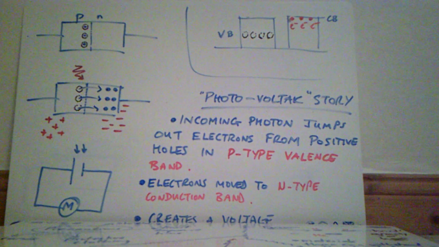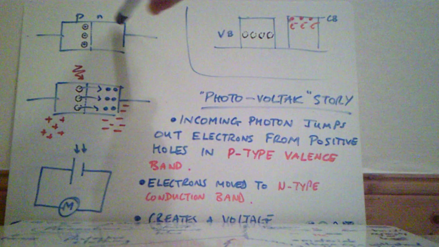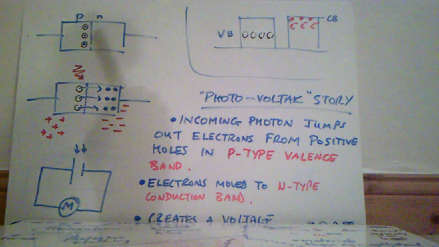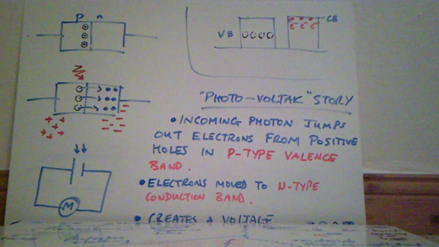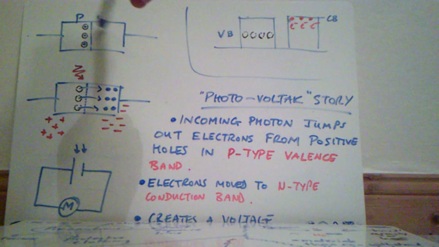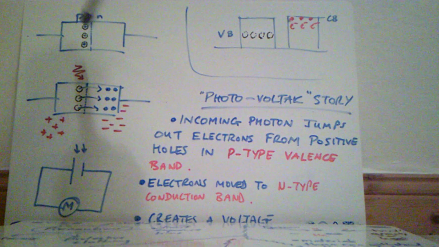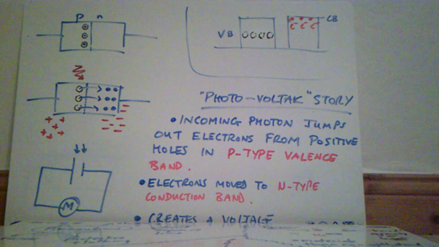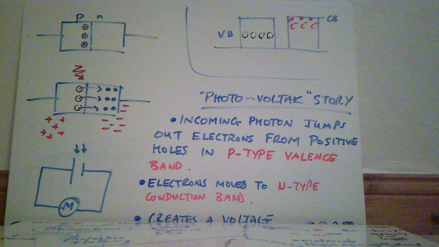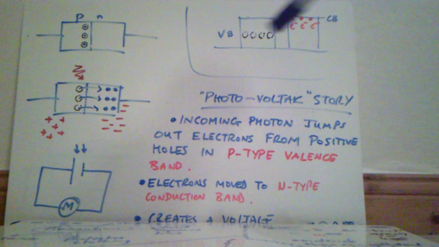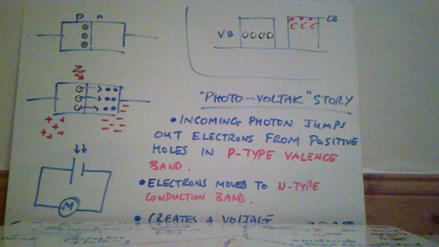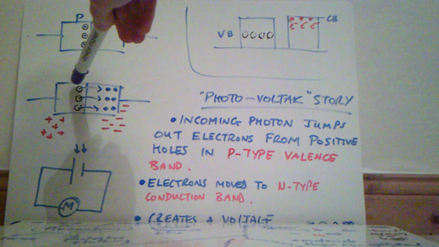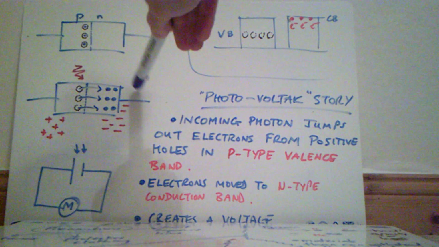So remember, if you have a p-n junction and it's not connected to anything, then some of the electrons in the n-type drift into the positive holes and just sit there, and as a result of the separated positive and negative side, you actually have a little voltage there already. So what happens if you expose it to light is that photons come in and they jump those extra electrons which are sat in the positive holes back to the n-type side.